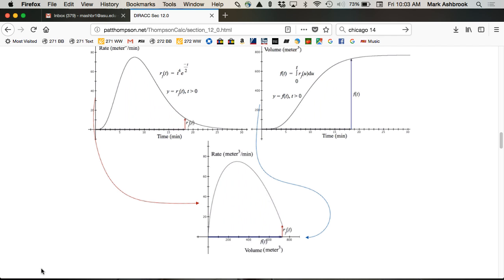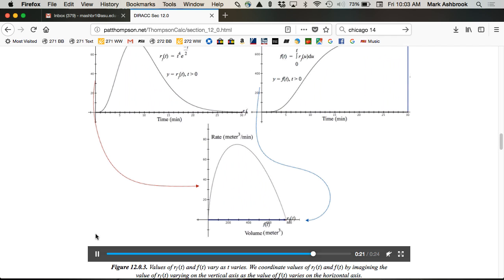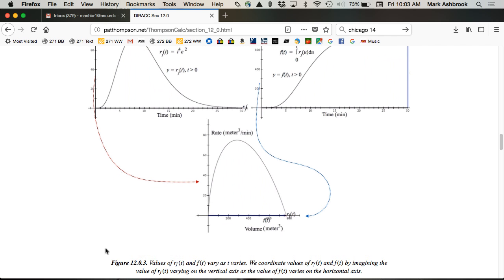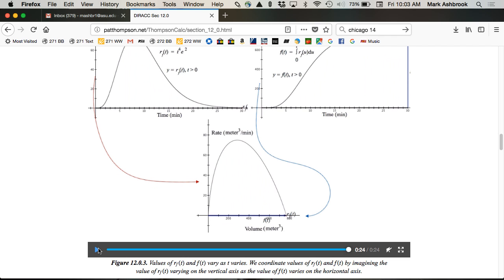So down here, what is f of t, the x-axis coordinate there, the horizontal coordinate? Where does that come from? And where do we get volume from? So just focusing on the volume. Where is that coming from? That horizontal coordinate of our new graph.